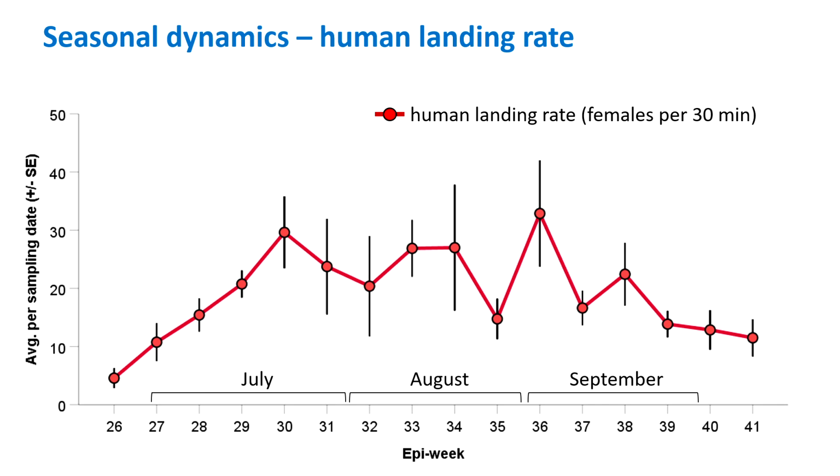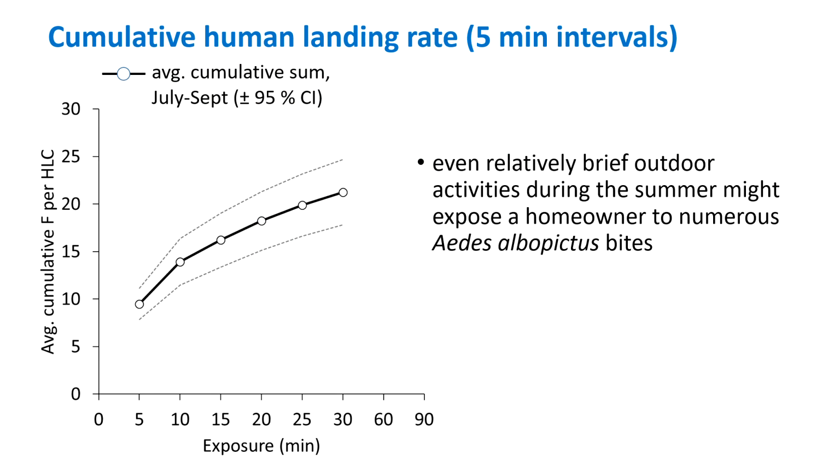human biting burden. So another way to look at this, this is the same data from the previous slide, aggregated across all sites, across all dates, but segregated by the individual 5-minute intervals for each landing collection. So this represents the cumulative number of bites that a person might be expected to receive, depending on how long they are out and exposed in the environment.